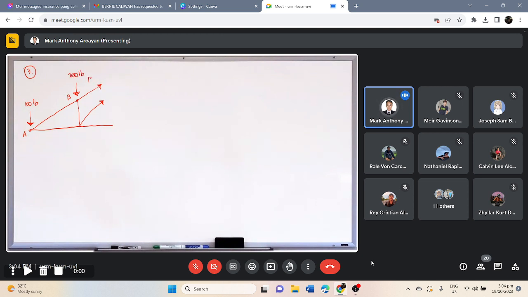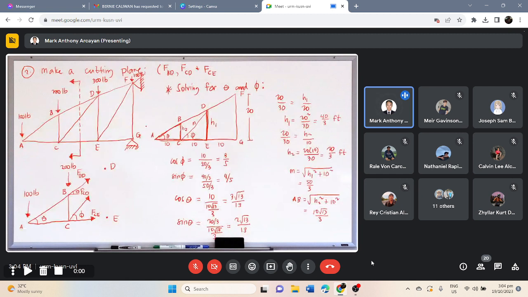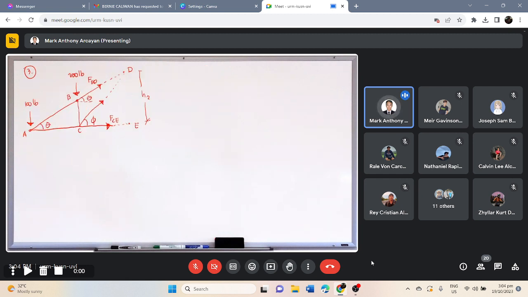Then this is FBD. Here is our point D, and here is our point E. So this is our FCE, and this is our point C. This is our phi and this is our theta. This one is theta here. Okay, so here are the dimensions, this is H2? H1, sorry. This is H1.